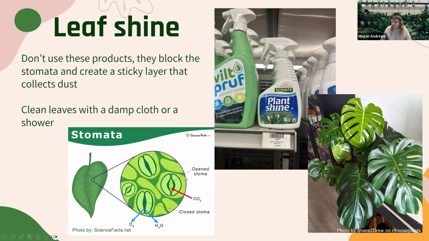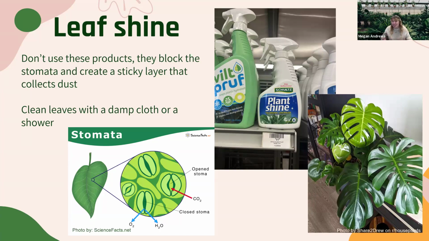Your leaves have things called stomata that are basically pores for the leaves. They allow the exchange of gases for photosynthesis to occur, for your plants to then grow. You can get these leaf shine products that make your leaves look super shiny and beautiful. However, they'll block those pores, and then photosynthesis doesn't occur, and your plant typically doesn't survive as well.